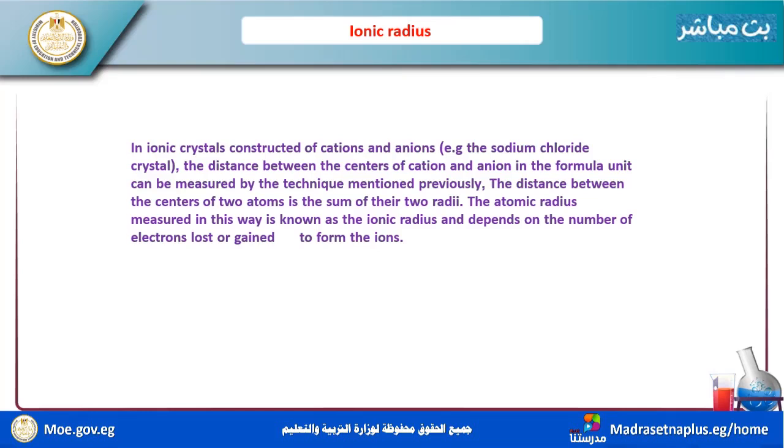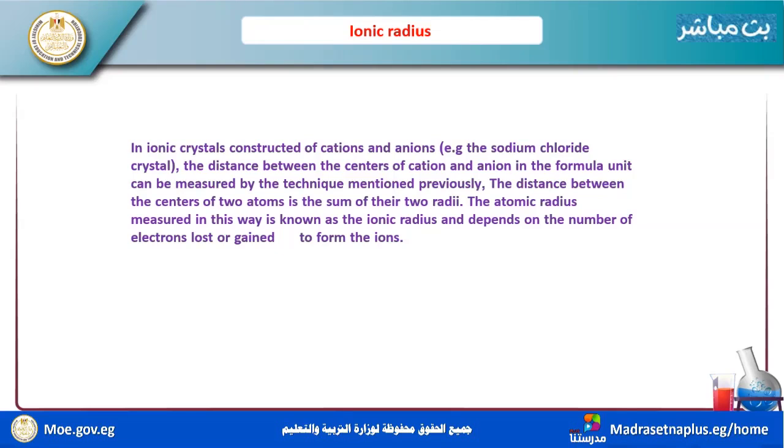These are the techniques mentioned previously. The distance between the centers of two atoms, the sum of their two radii, measured in this way, is known as the ionic radius, and it depends on the number of electrons lost or gained.